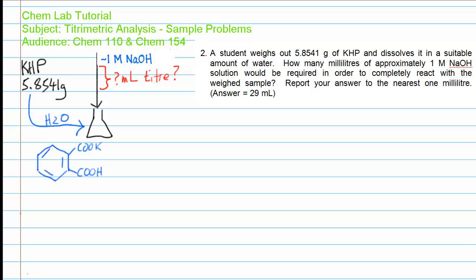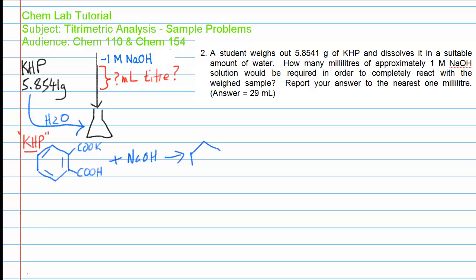So that is what potassium hydrogen phthalate looks like, and it's explained a little bit more in your lab manual what this structure is all about. And it's abbreviated to KHP, meaning potassium hydrogen phthalate.